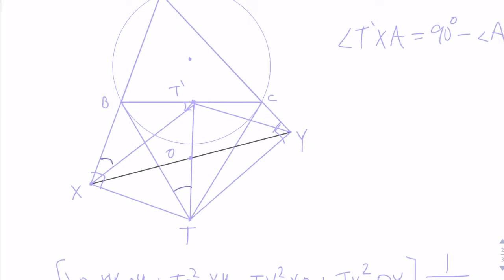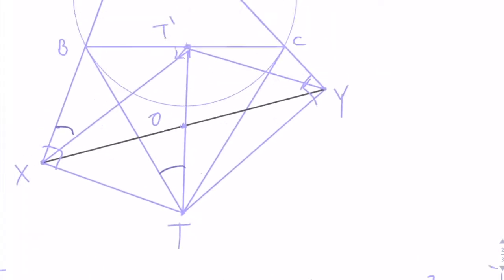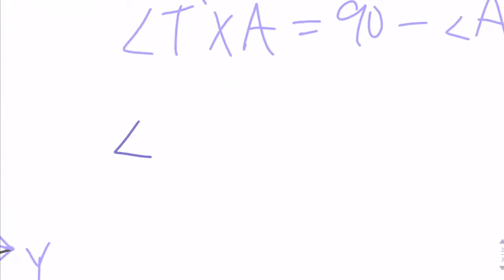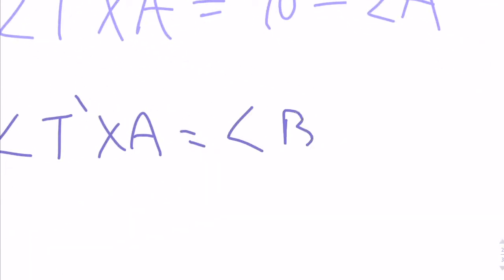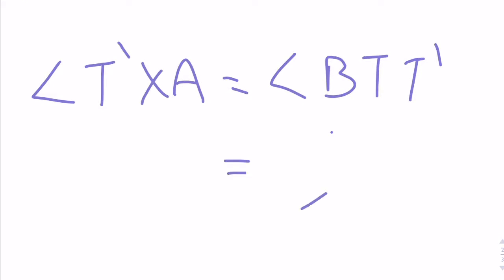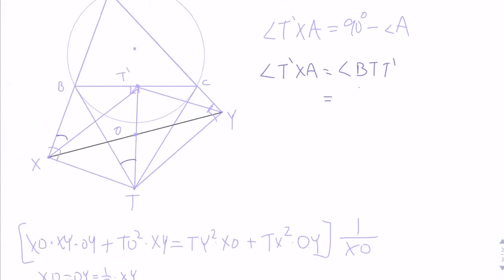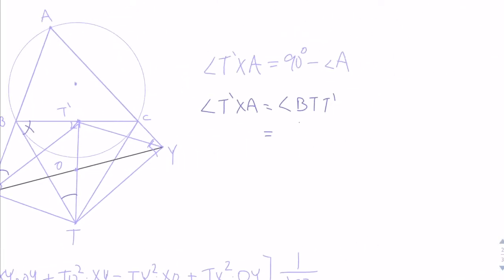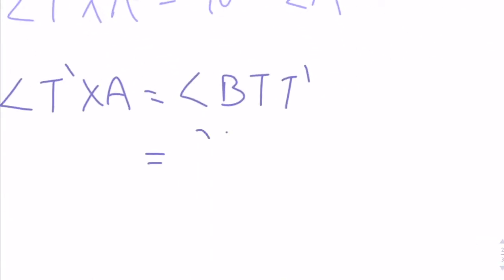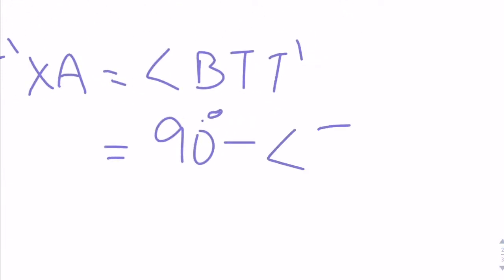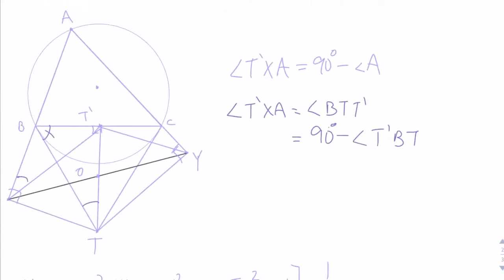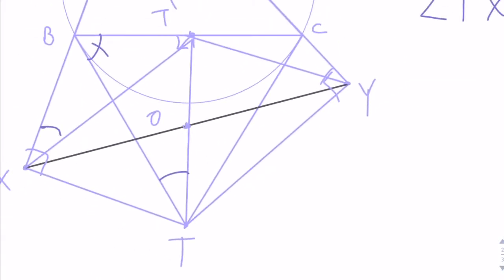And once we've established that, we know that angle T prime XA is equal to angle BTT prime. But we also know that this is equal to 90 degrees minus angle T prime BT, because T prime is the midpoint of BC and BTC is isosceles.